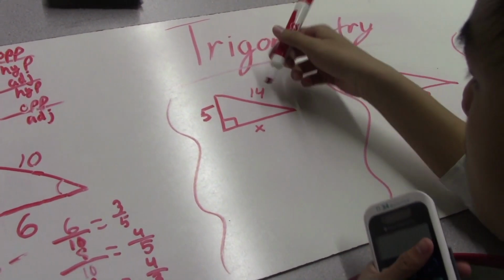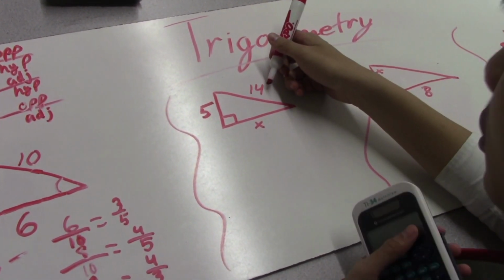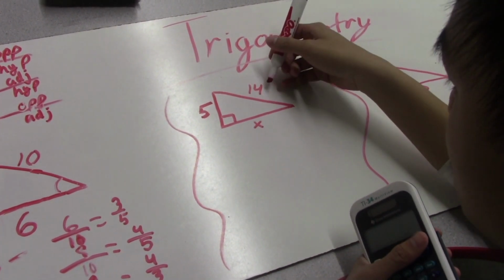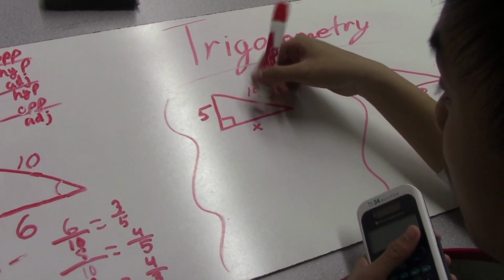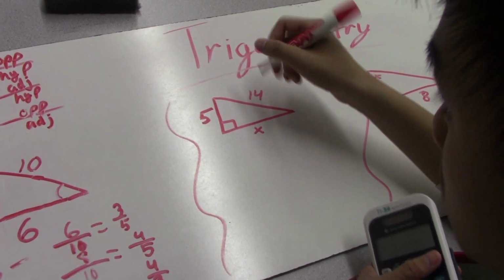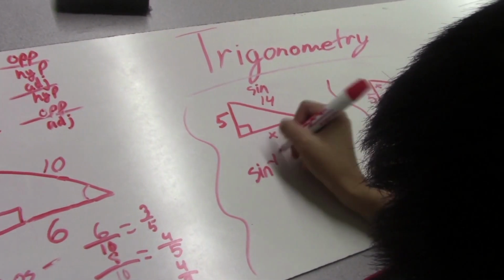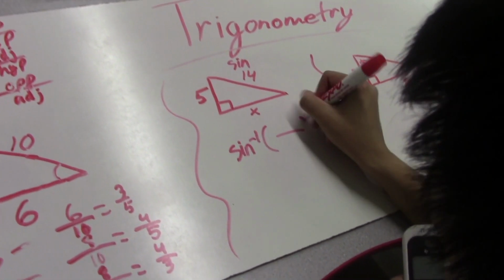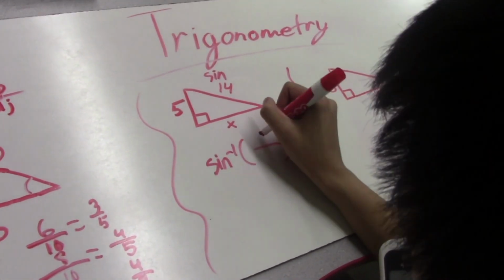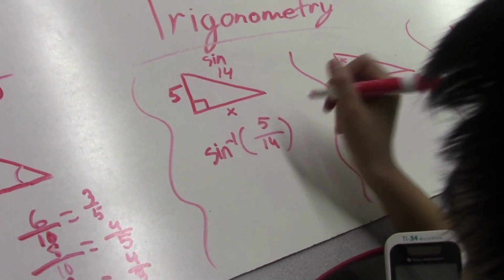Now, in order to solve for the x, you need to do the inverse of what it's asking. So you need to first look from here and see what's given. So you're given the hypotenuse and you're given the opposite. So this one will be sin. So you use the inverse of sin and you plug it in, which will be 5 over 14.